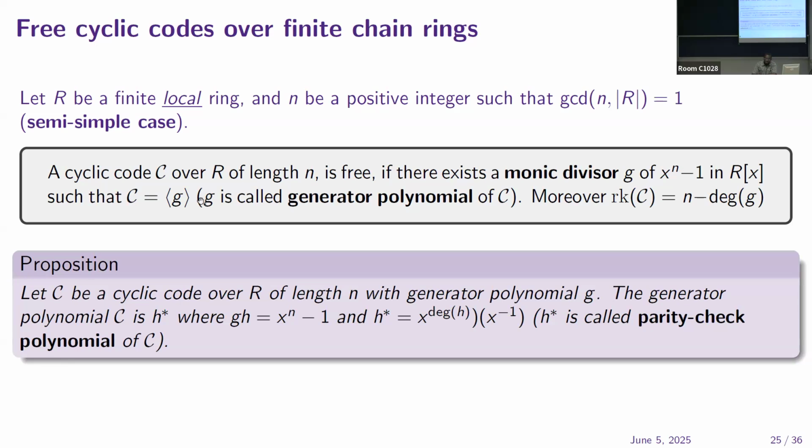So the cyclic code of length n is free if there exists a monic divisor d of x^n minus 1 in R[x] such that C is generated by d. d is called the generator polynomial, and the rank of the cyclic code equals n minus the degree of d.